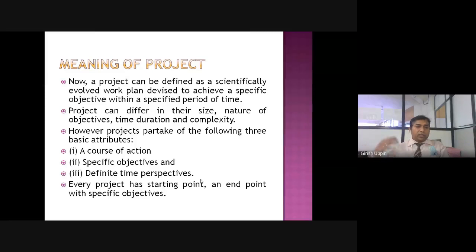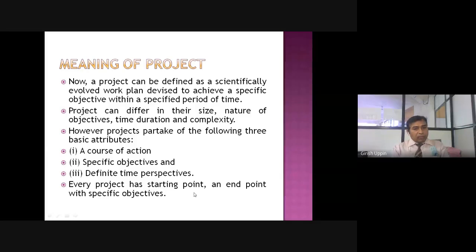Then they will revise. When the time set by them changes, the budget will get revised. A 100 crore project will become 150 crore or 200 crore. So executing projects on time is the most important thing.